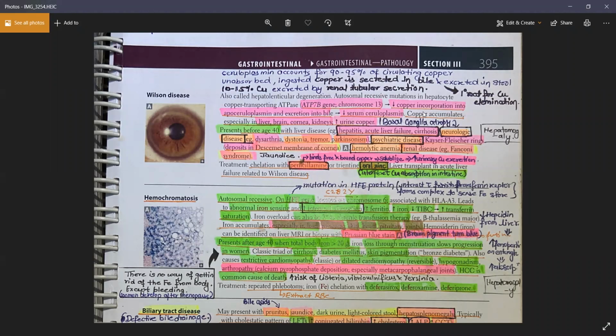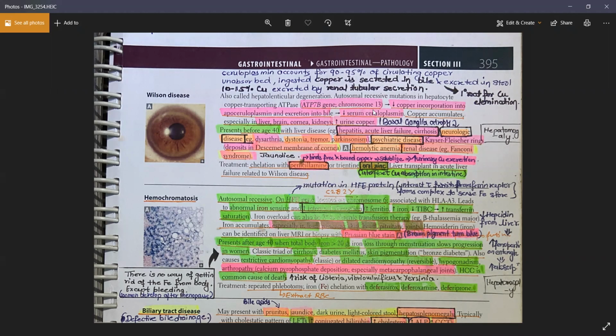And this copper then will leak out from the liver, and it will start accumulating in various tissues like the brain, the liver, the cornea, the kidneys, right? And because the hepatic excretion is now inhibited, the only way remaining for the excretion of copper is the kidneys, right?